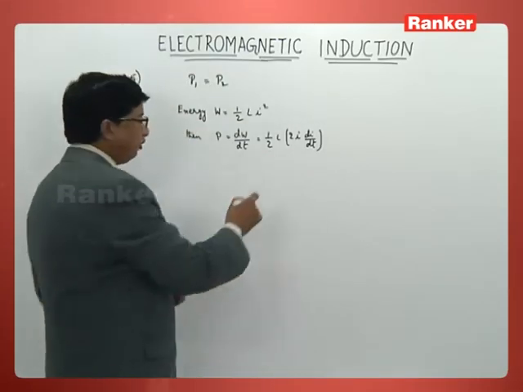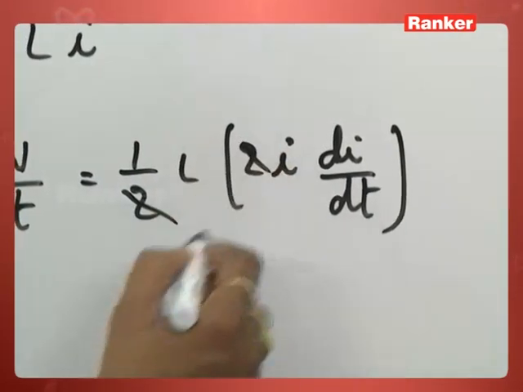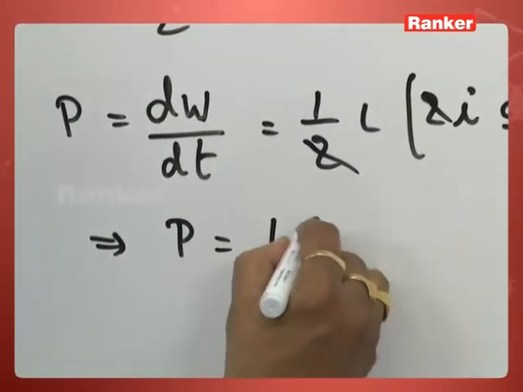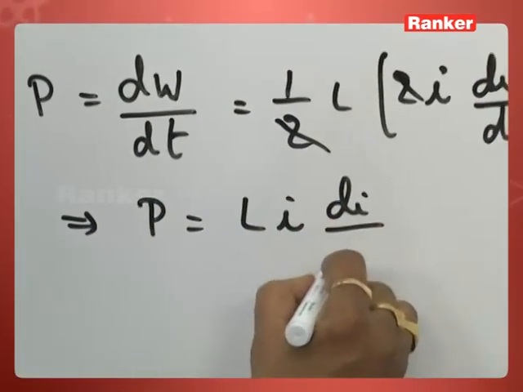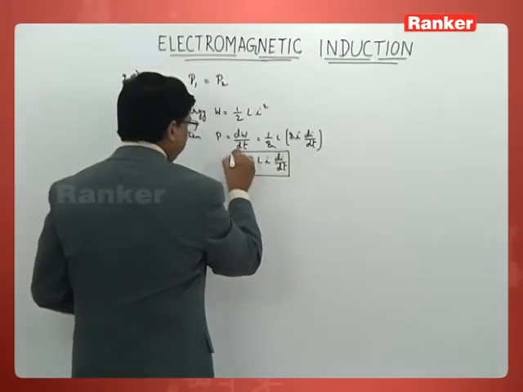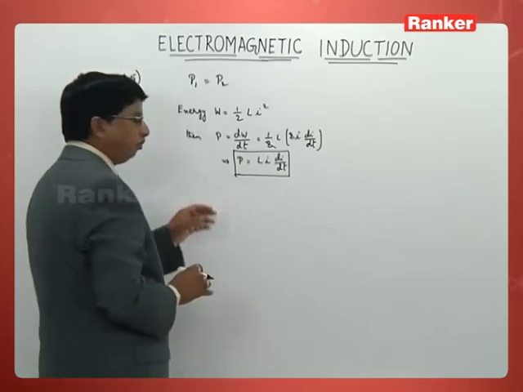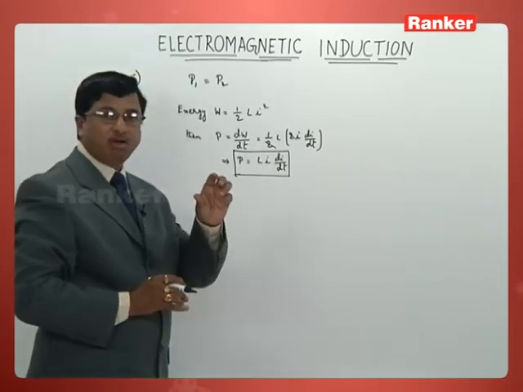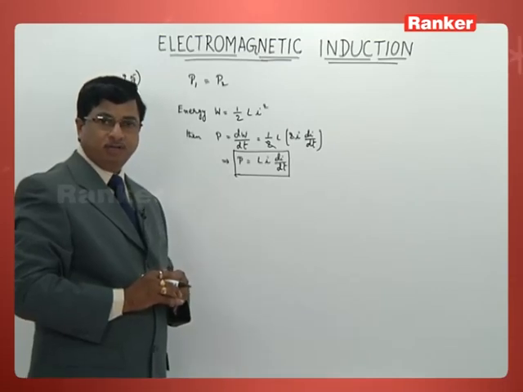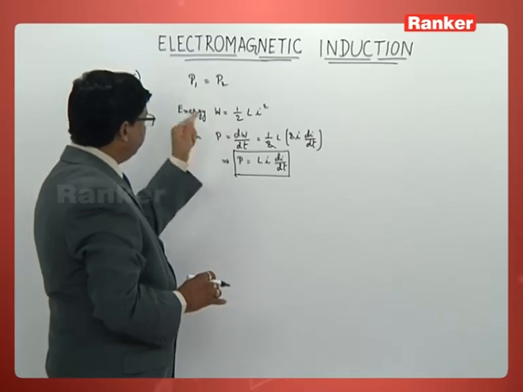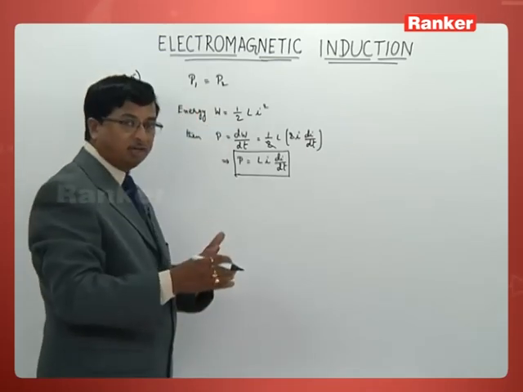That is the equation out of which 2 when you cancel it off, power now becomes L i di by dt. This is the formula finally you have to remember for the power that is entrusted to one of the coils over there.